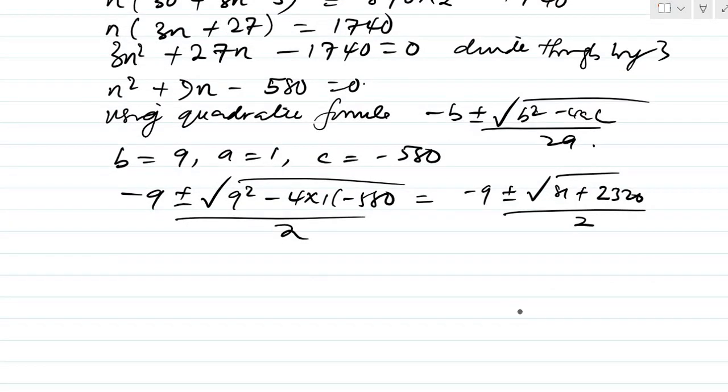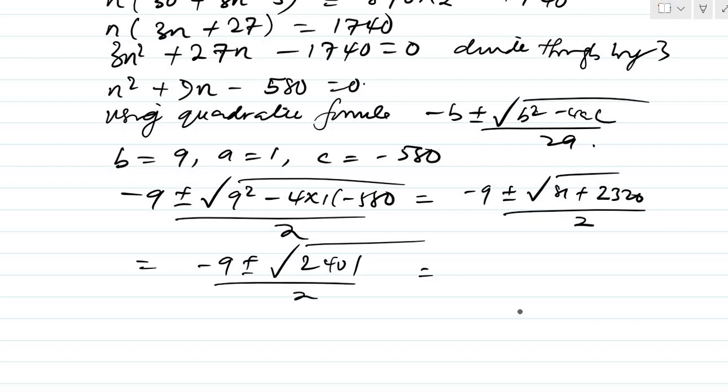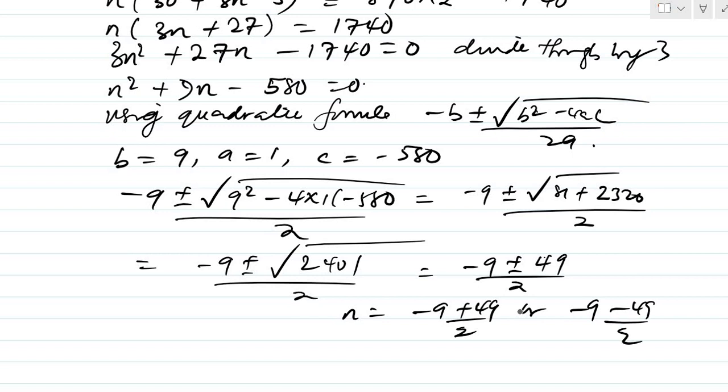If you go further, this will give you minus 9 plus or minus root of 2401 all over 2, which is minus 9 plus or minus 49 over 2. So that means that n will be equal to minus 9 plus 49 over 2, or minus 9 minus 49 over 2. Therefore, n is equal to 20 or minus 29.